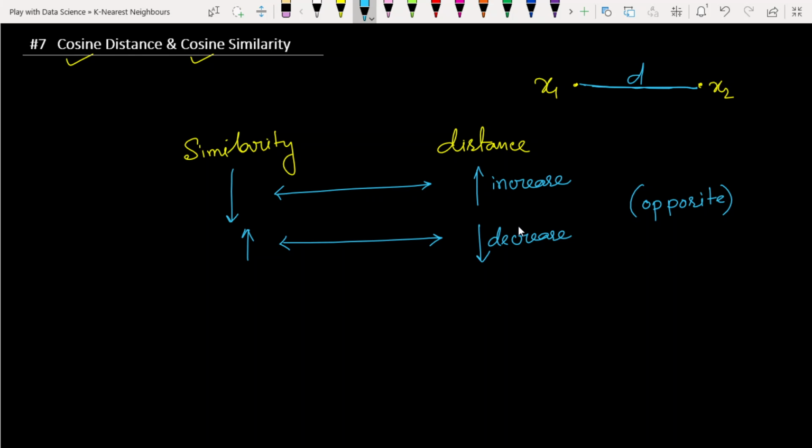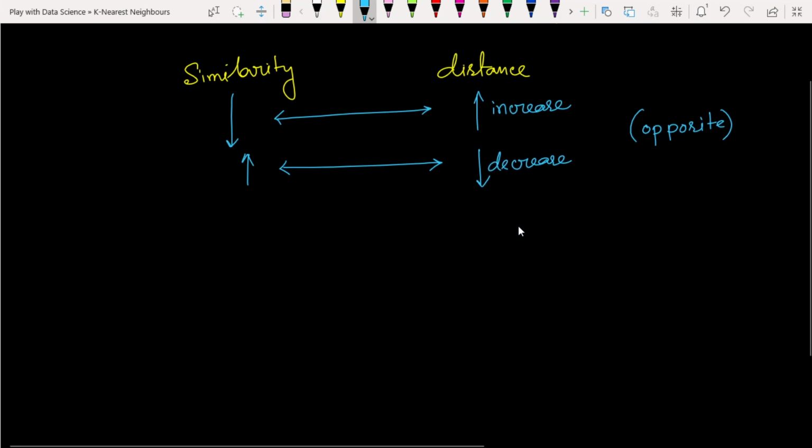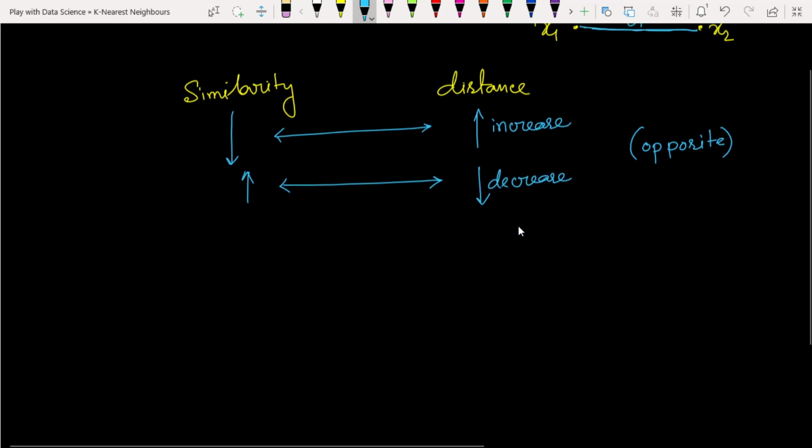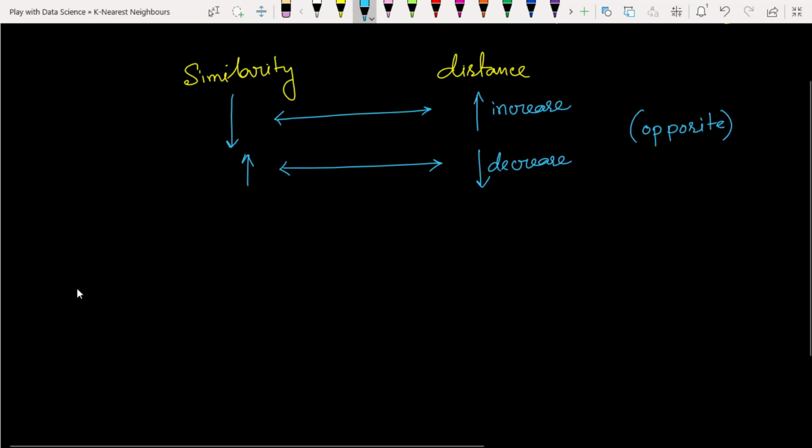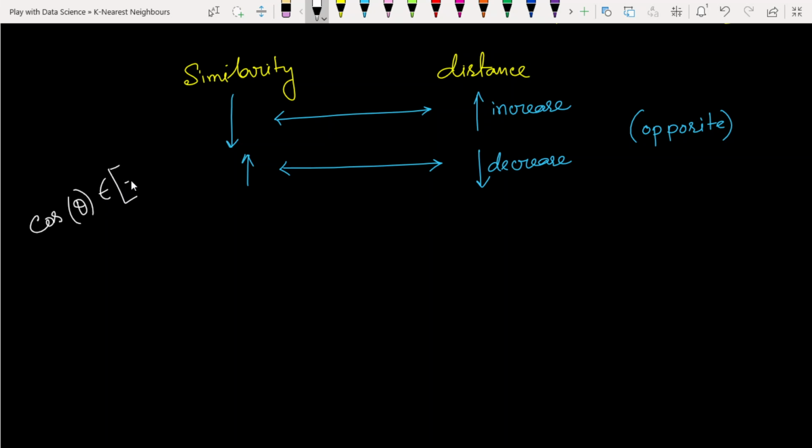Now, what is cosine similarity? We all know cosine, that is cos theta. If you remember the cos theta function, its minimum value is -1 and its maximum value is 1.